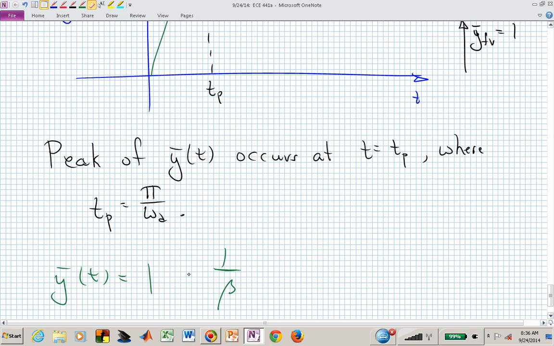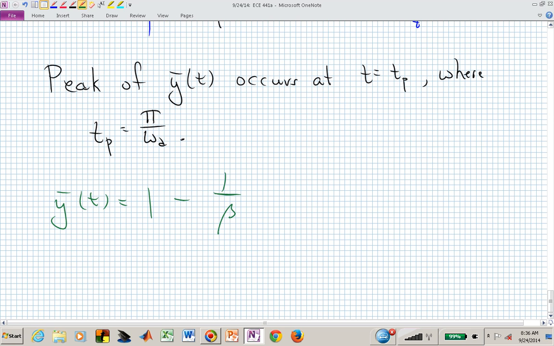So if you want to see where this is coming from, go back to page 8 of your demo 1 notes, and you'll find this derivation. It's 1 minus 1 over beta, where beta was just the square root of 1 minus zeta squared, times e to the minus sigma t sine of omega sub d t plus theta. There's a lot of familiar parameters in that expression for y bar of t.